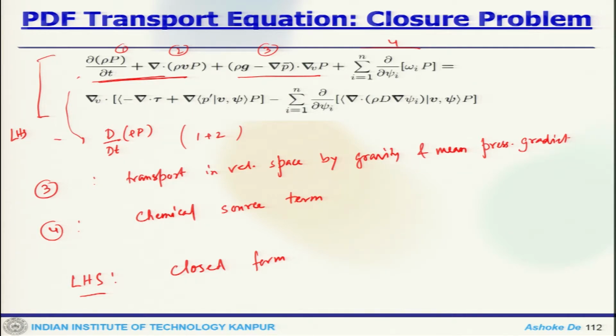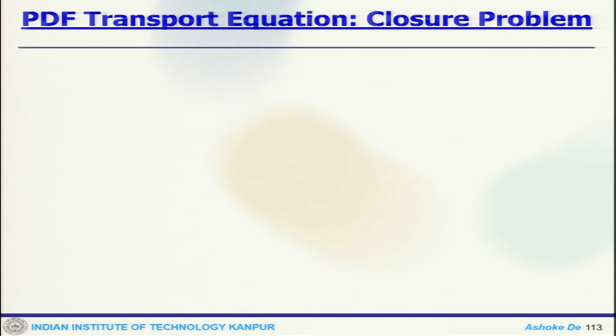Another thing one can note is that the mean pressure gradient does not present a closure problem, since the pressure is calculated independently of the PDF equation using the mean velocity field.